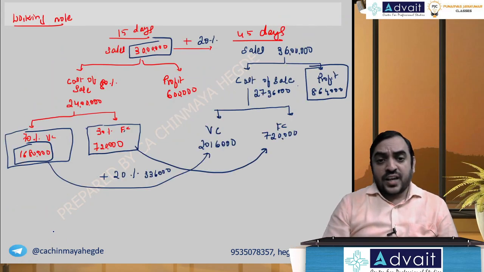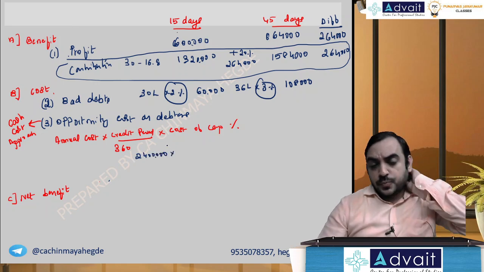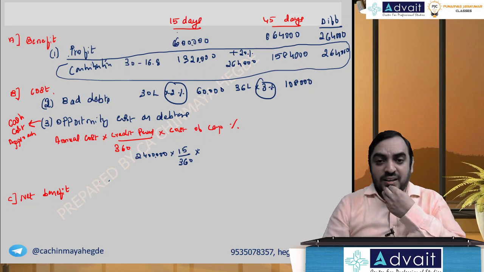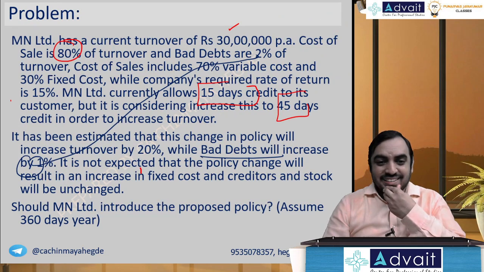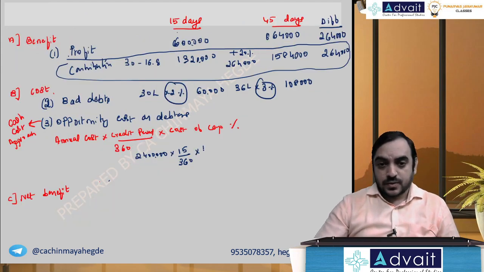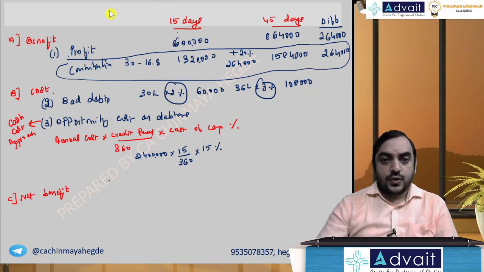Annual cost, we have the working notes. Cost of sales 24 lakh into credit period 15 days by 360, multiplied by cost of capital percentage. What is the opportunity cost? Required rate of return 15%. That is 15,000.